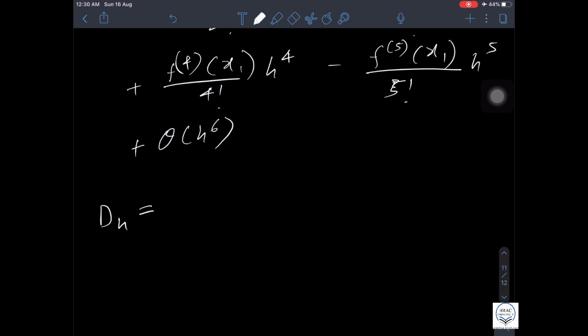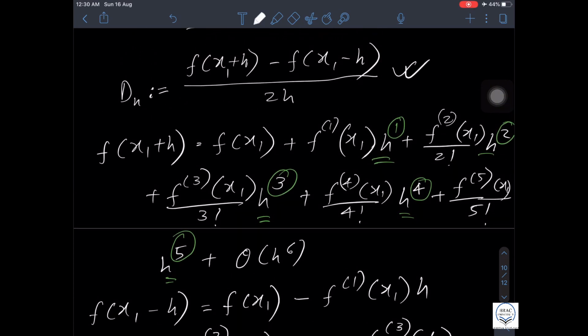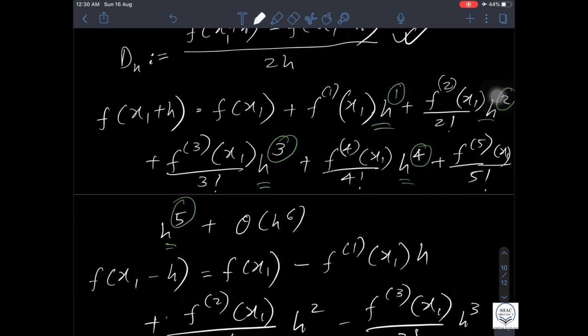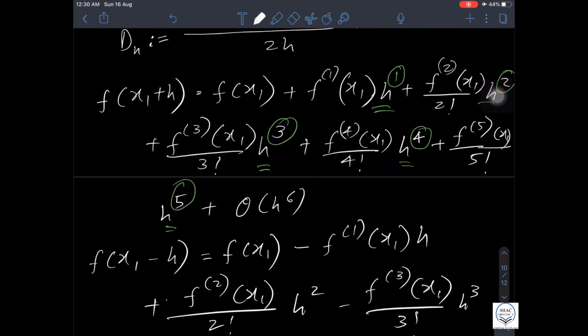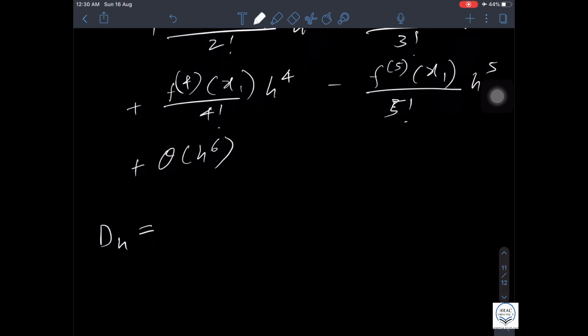All right, so now if I want to calculate dh, which I defined here, I have to subtract these two series, right? And you have a 1 by twice h already, so let's keep it outside, 1 by twice h, and whatever you have in the series you have to subtract.